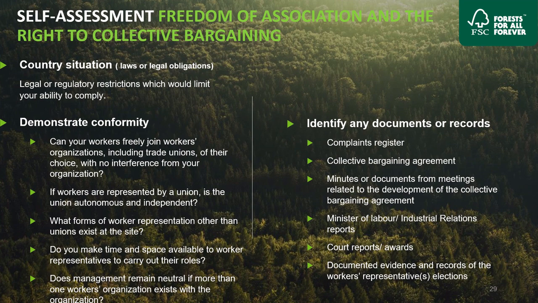Lastly, we'll move on to freedom of association and the right to collective bargaining. Looking at your country situation, are there any legal or regulatory restrictions that would limit your ability to comply? For example, in some countries national law limits the trade union choice, preventing workers from organizing independently.